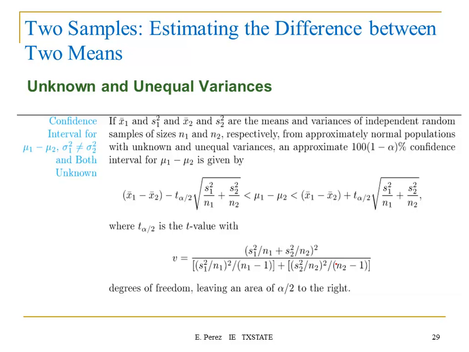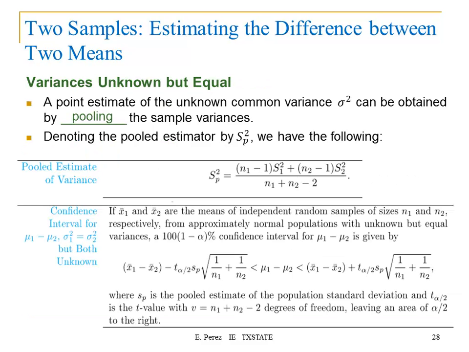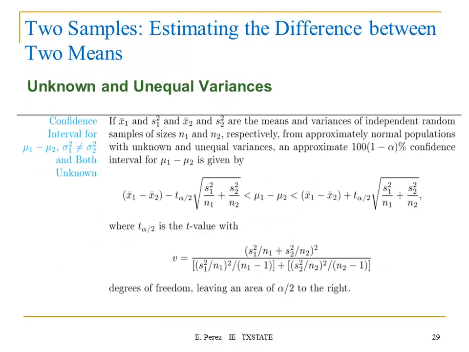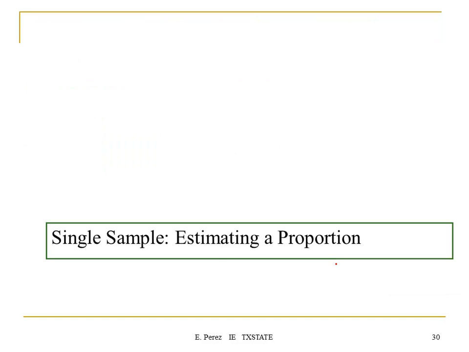That can happen if you have a very large sample from one population and a small sample from the other population. So in this case, variances are unknown, but you know that the population variances are equal. Or variances are unknown, but you know that those variances are different. So next time we're going to start from here.